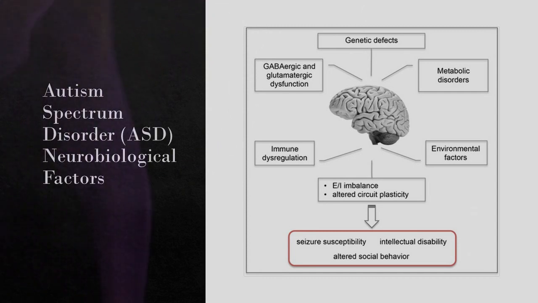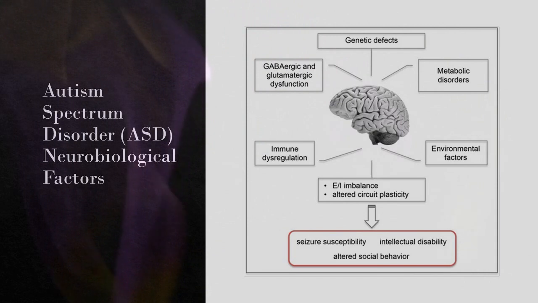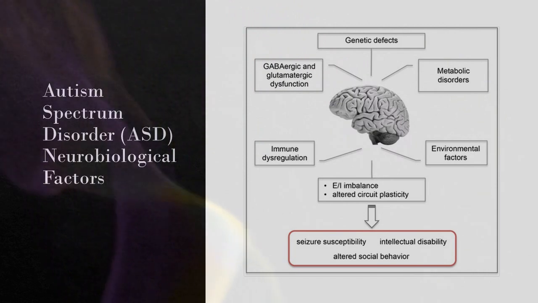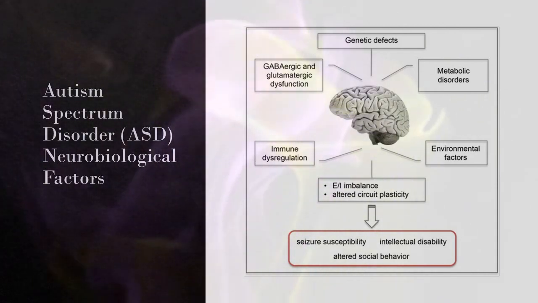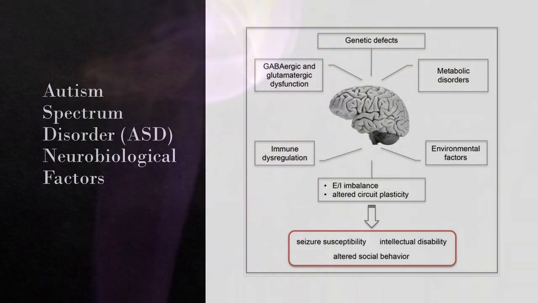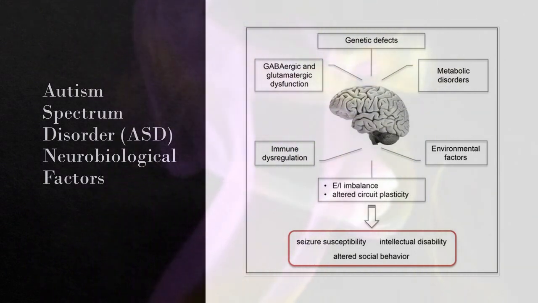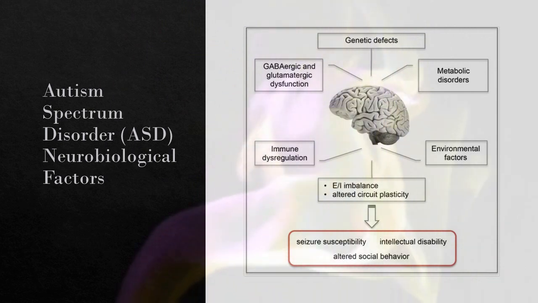So the thing that you need to be mindful of with autism spectrum disorder is that it is a spectrum, and there can be a wide variety of differences between the different experiences of children with autism spectrum disorder.